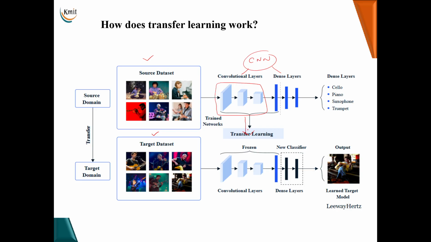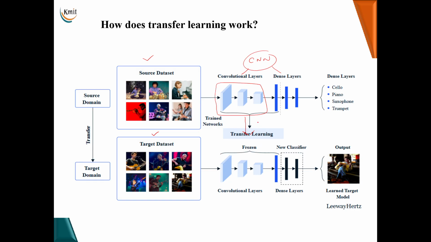So in transfer learning, I am transferring the knowledge from a pre-trained model to solve a task on a target dataset, and the source dataset and target dataset may or may not have similarities. That scenario is different. We will discuss that later.